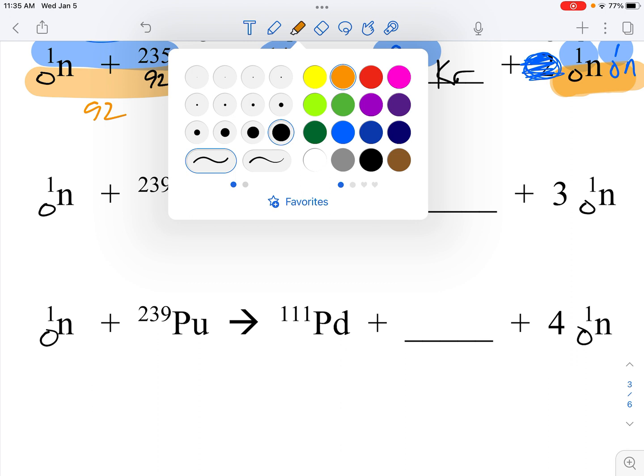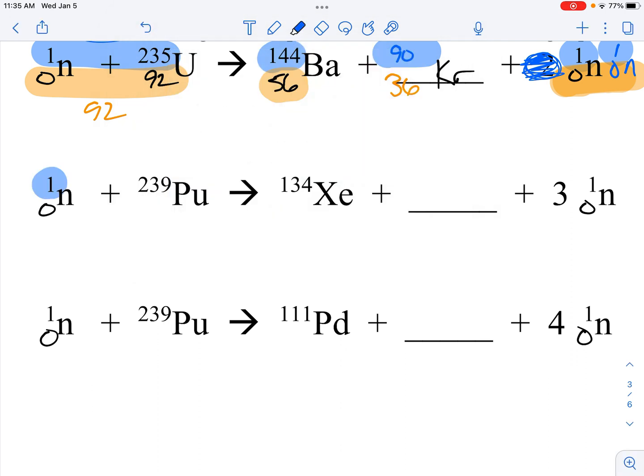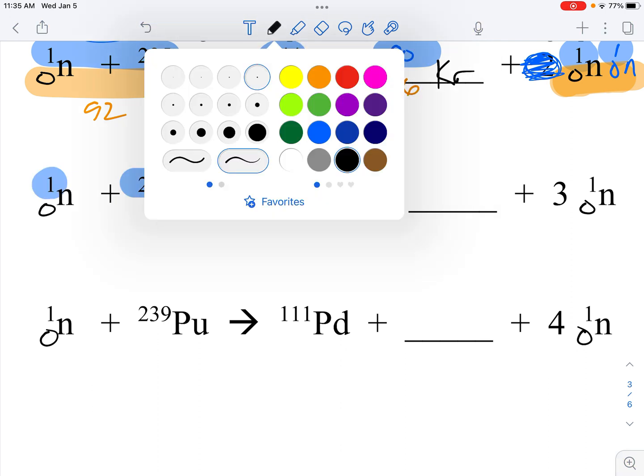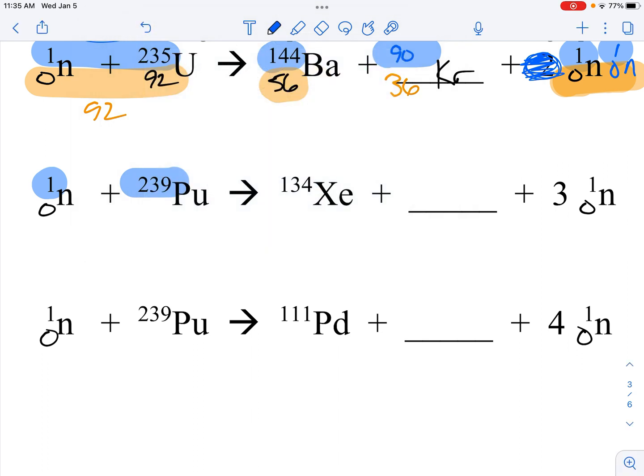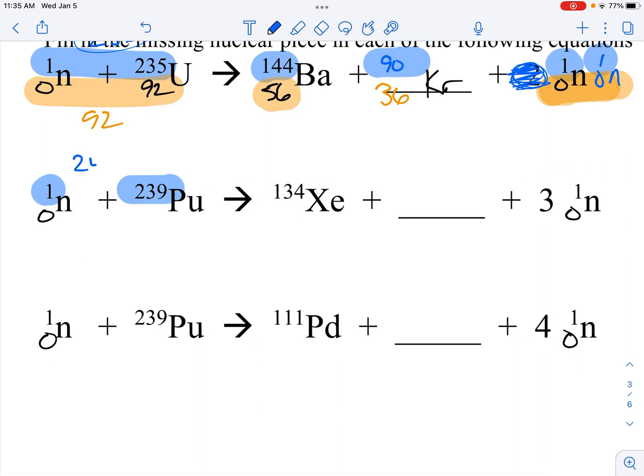Another fissionable material that you can use is plutonium-239. So if I add up 1 and 239, clearly I'm going to get 240 that's there. So 240 is my total on the left, and that means the total on the right also has to be 240. So that's going to be 134 and 3 groups of 1.